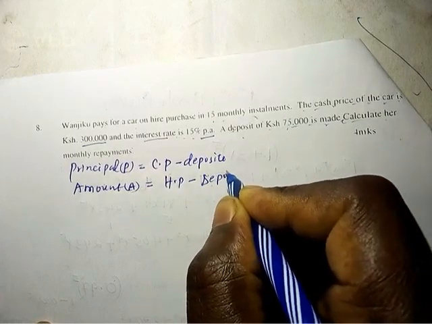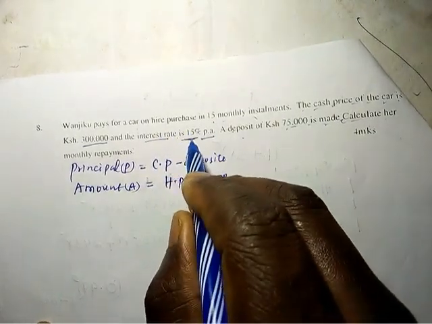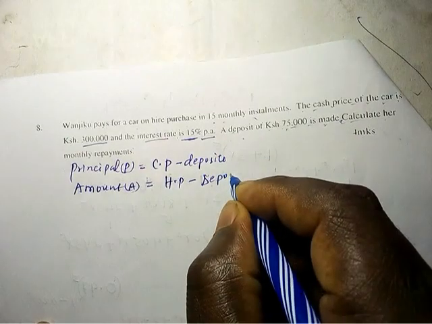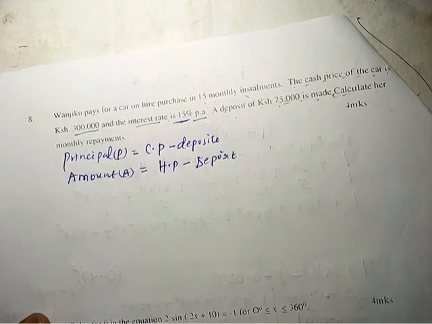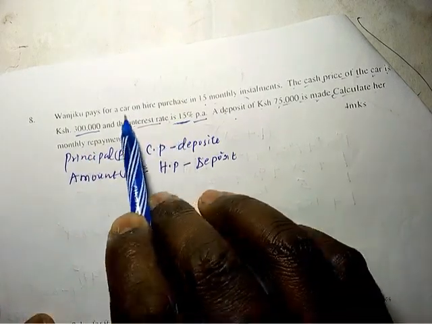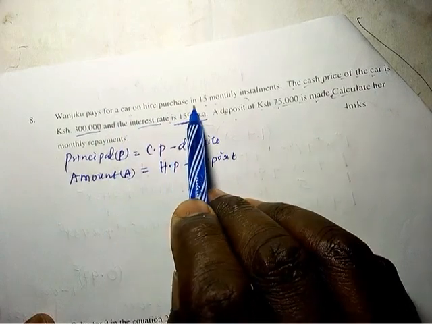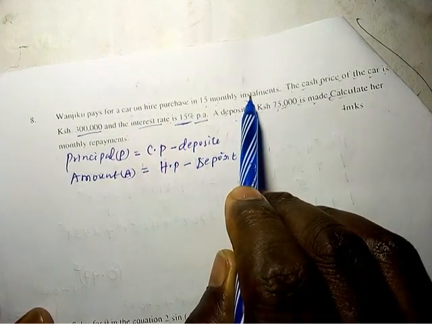Very important things you need to know when hire purchase is included with the rate, deposit. And then she pays 15 monthly installments.